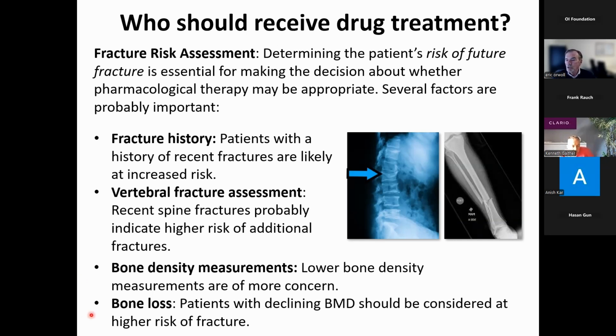And people with bone loss who have had bone density measurements repeatedly and are losing bone are probably worth paying attention to and can be identified as appropriate candidates for drug therapy.